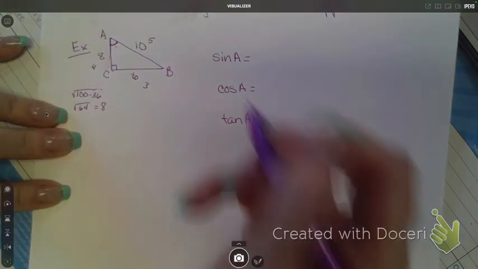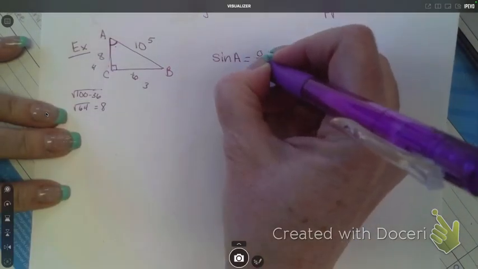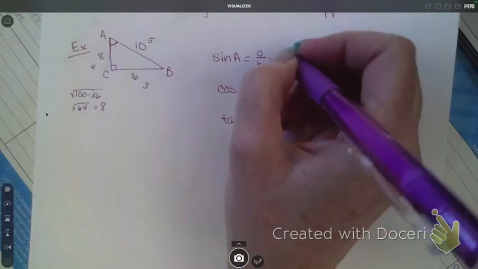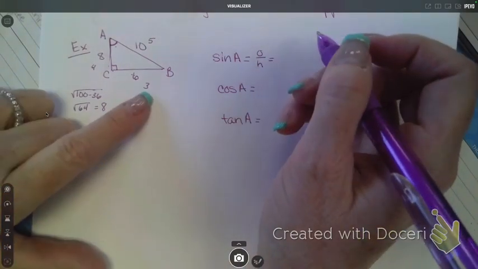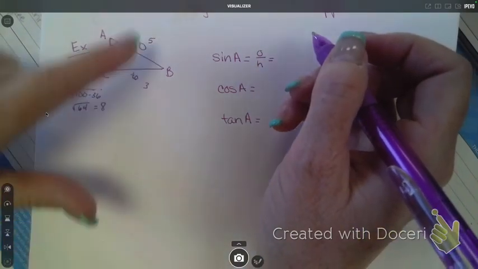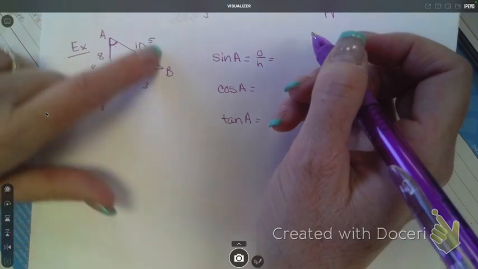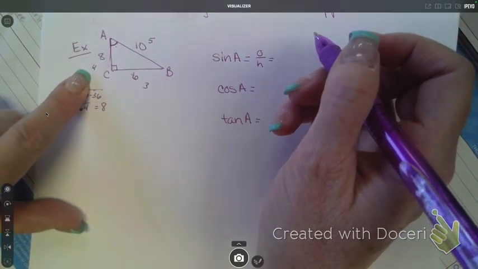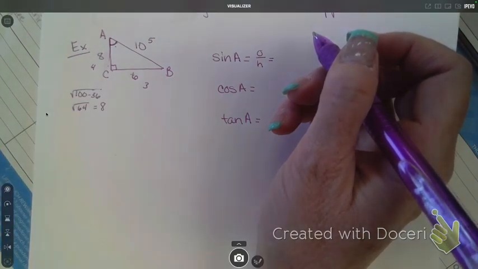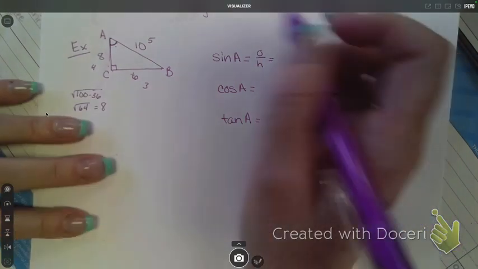Hypotenuse. So sine is opposite over hypotenuse. So opposite of A is 6, but we're going to put 6 over 10, so why don't I just use the 3, 4, 5? Wouldn't that make sense to use? Yeah. I reduce first, then I don't have to remember later. Okay, so 3/5.